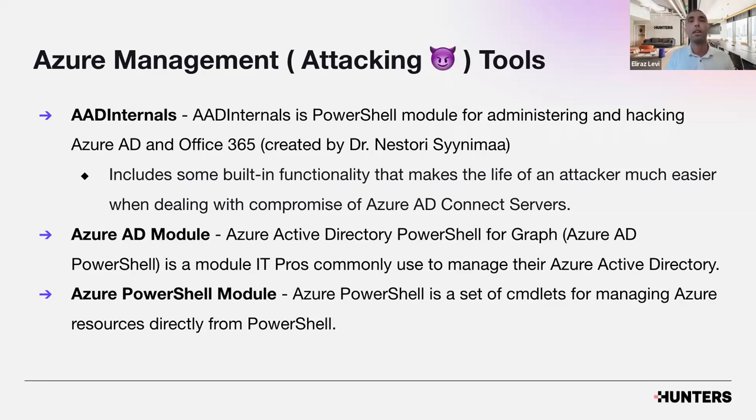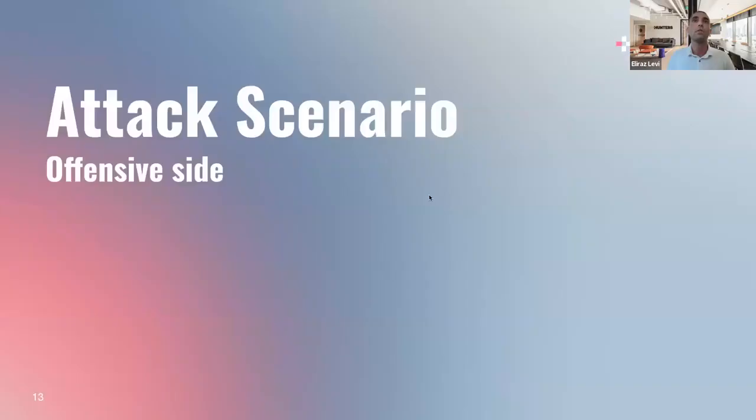But of course, as threat actors, we can also use them in order to get information about Azure AD and Azure resources in general, and also run some operations on the environment. So this was a short overview, and now we are going to move to the attack scenario from the offensive side.